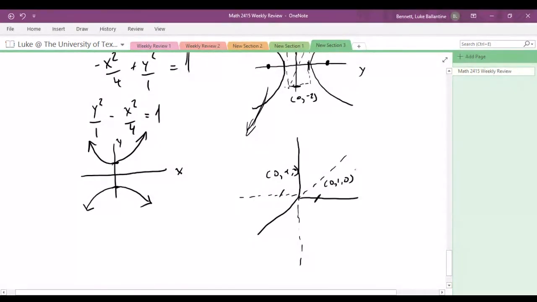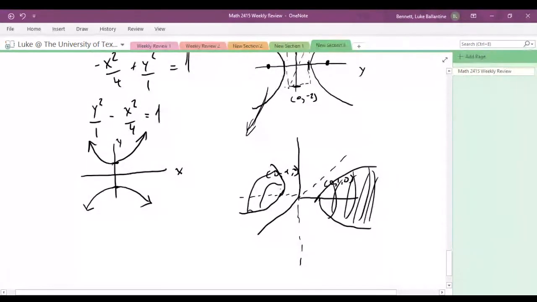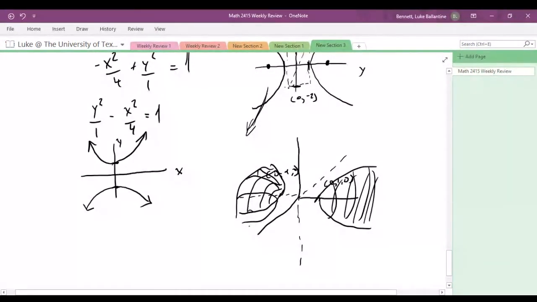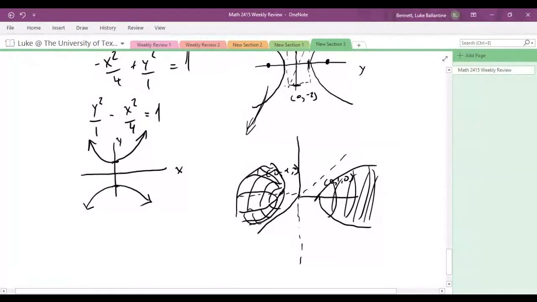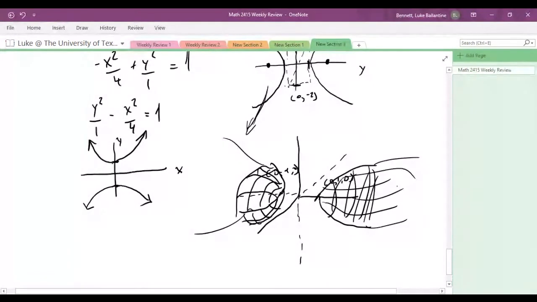And then we would draw our hyperboloids. Cool.